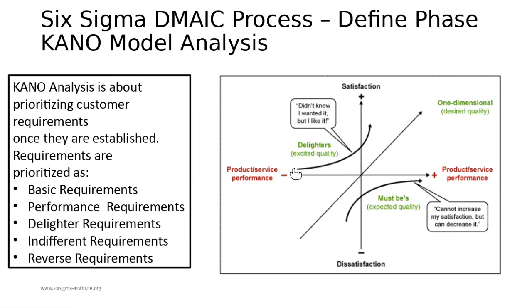So whatever you put here is beyond the customer expectation. And here is where companies try to work on having the highest market share by having more features, or by having excited quality features.